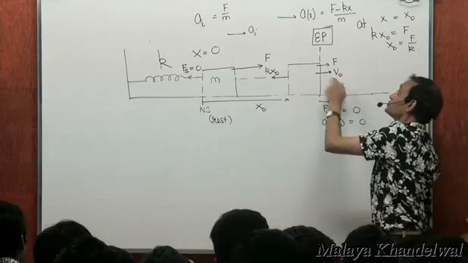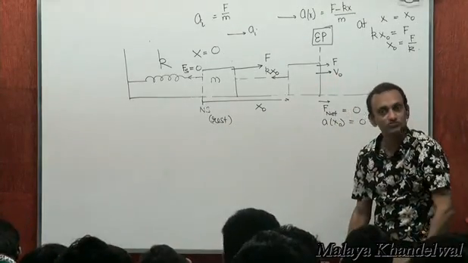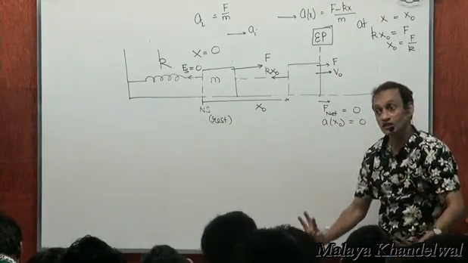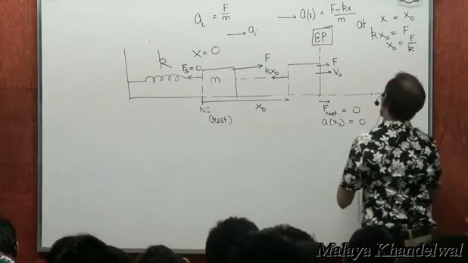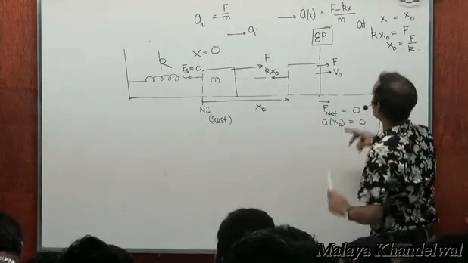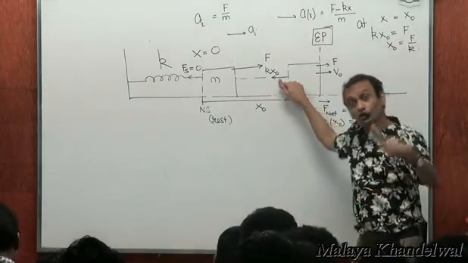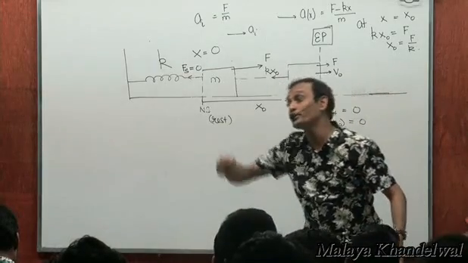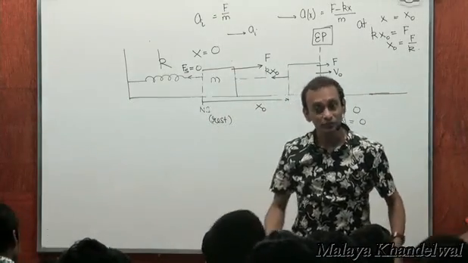From the equilibrium position onwards, the velocity will decrease. The body begins to retard, which means after a while, because the spring force becomes larger and larger, the retardation grows in magnitude.